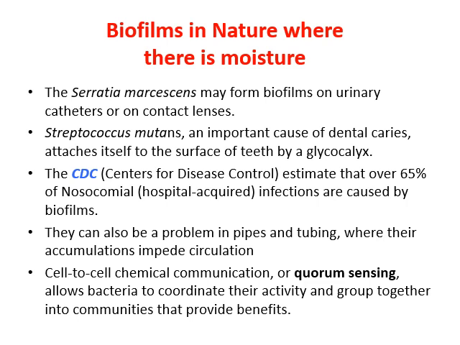Cell-to-cell chemical communication, or quorum sensing, allows bacteria to coordinate their activity and group together into communities that provide benefits. What does that mean? It means, what is the language between the different members of bacteria? It's something called quorum sensing. They communicate with each other through certain chemicals that are carried by certain signals.